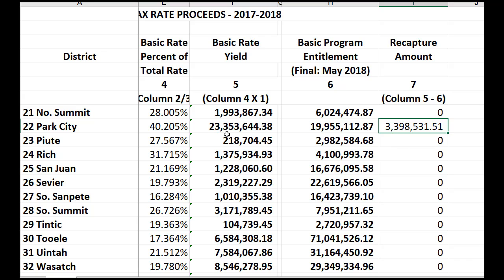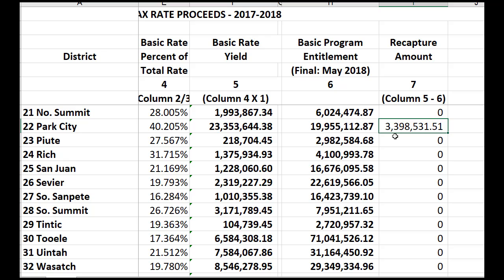You can see that the basic yield for Park City yielded a little over $23 million, but the cost of the basic school program for their number of WPUs was only almost $20 million. So the difference between these two numbers is their calculated recapture amount. This almost $4 million is what Park City will transfer into the Uniform School Fund by year end.